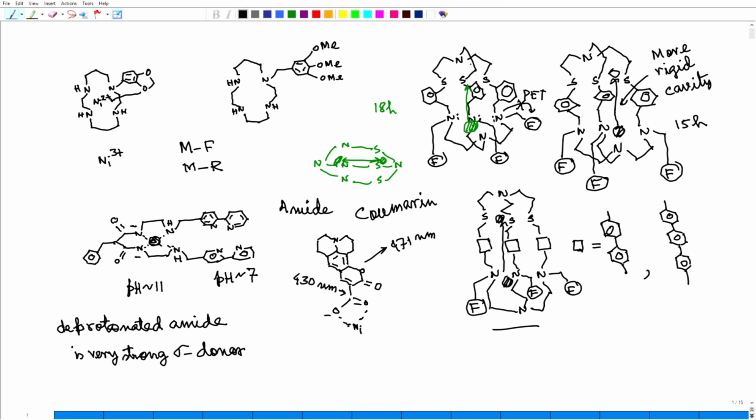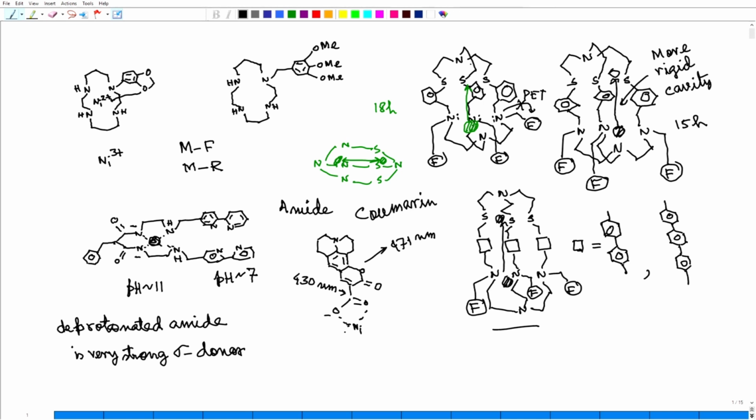Then what happens? Nickel is getting two strong donors from this side and one from this side. So, therefore, it will not have a tendency to bind carboxylate.